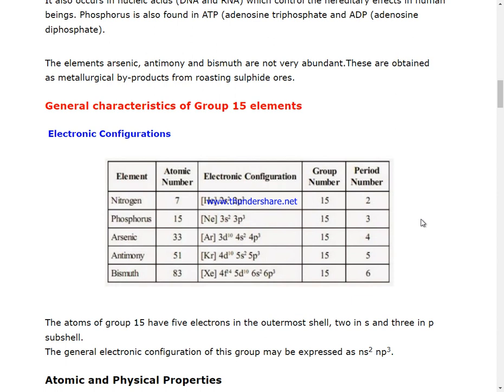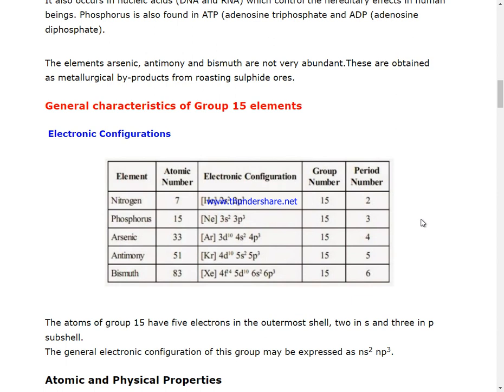Phosphorus, atomic number 15, electronic configuration neon 3s2 3p3. Group number 15, period number 3. Arsenic, atomic number 33, argon 3d10 4s2 4p3, group number 15, period number 4. Antimony, atomic number 51, electronic configuration krypton 4d10 5s2 5p3, group number 15, period number 5.